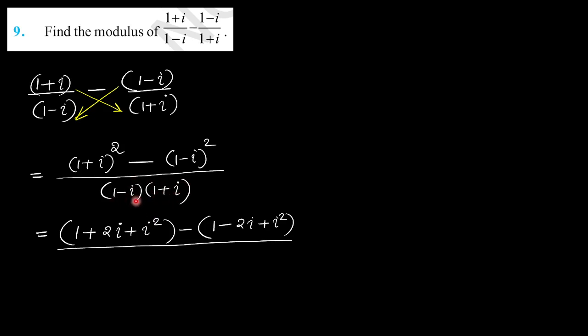The denominator is in the (a plus b) into (a minus b) form, which will be a square minus b square. Understood?